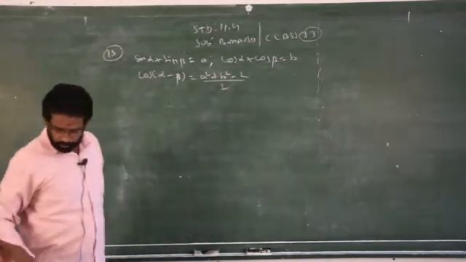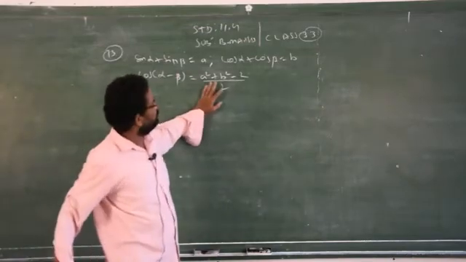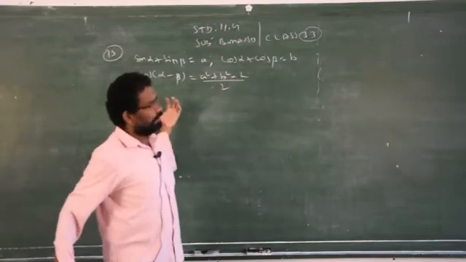So you have to prove that cos alpha minus beta equals A square plus B square minus 2 by 2. The same way, you can prove right side to left side or left side to right side.